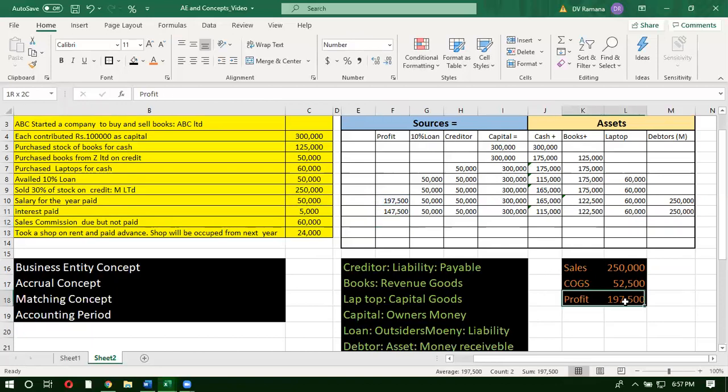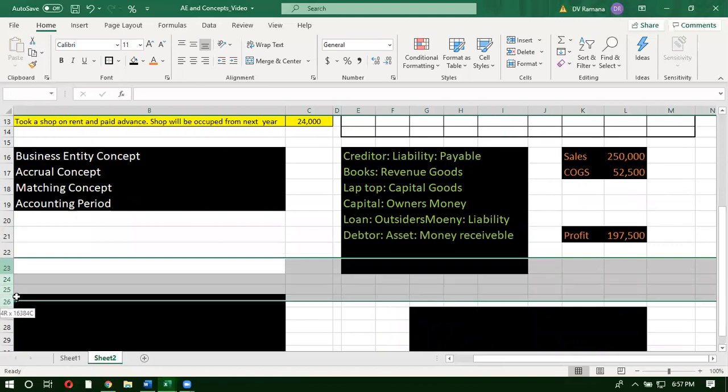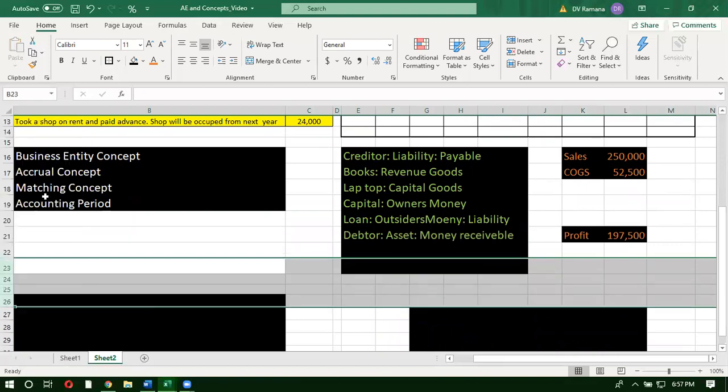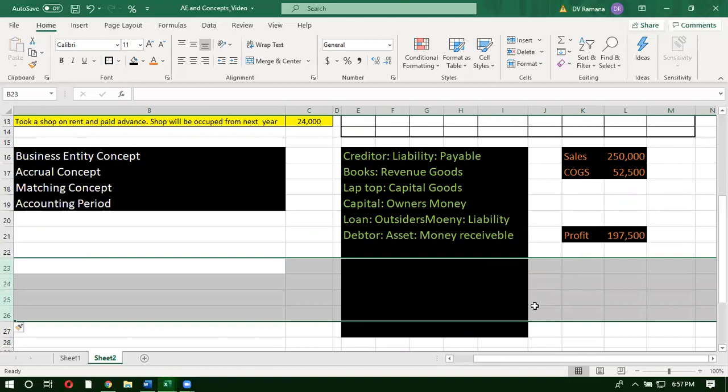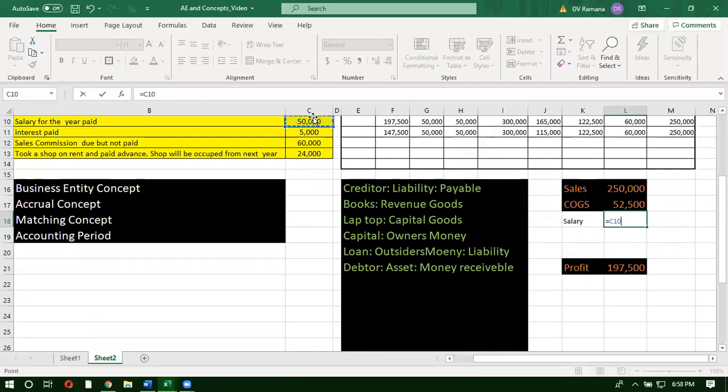Let us keep on checking that also here. So profit is equal to sales minus cost of goods sold minus salary, minus any other expenses, and more expenses come up, and that expense is salary.